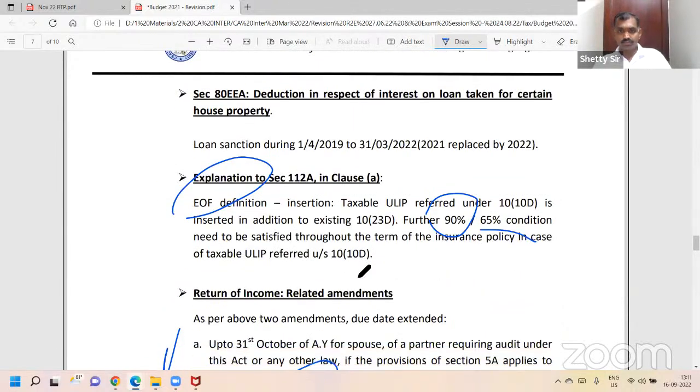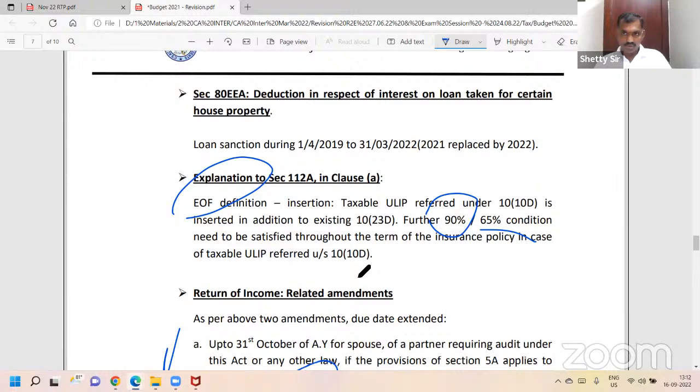For EOF, equity oriented fund, two rules. Investment in equity shares of domestic company: 65% or more of the total fund.